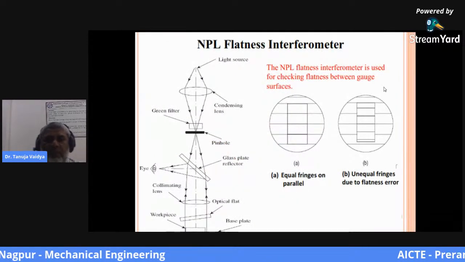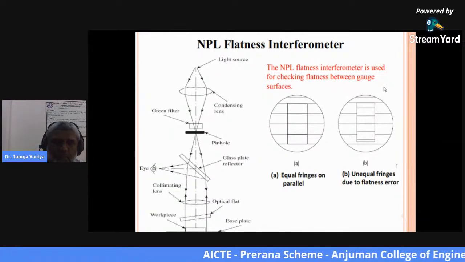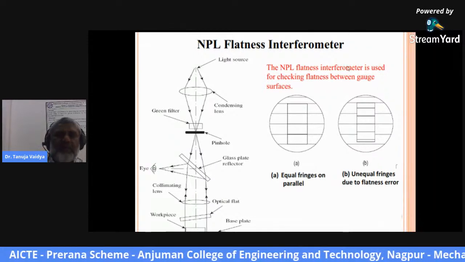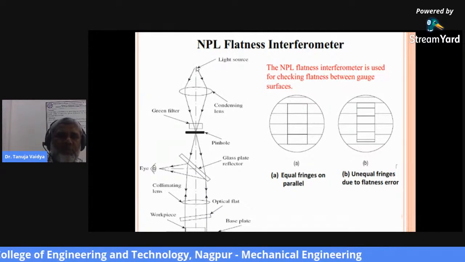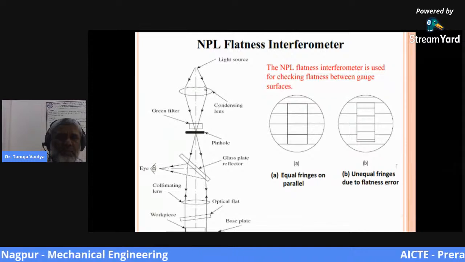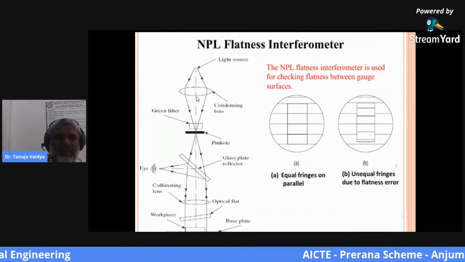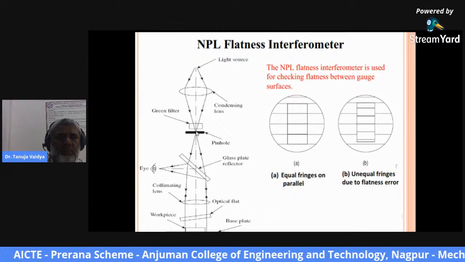This is one of the most important interferometers, used here for finding out the flatness. The light source is there. The light emanates from this source and is focused on this condensing lens. Then from the condensing lens it goes through this green filter and a pinhole.